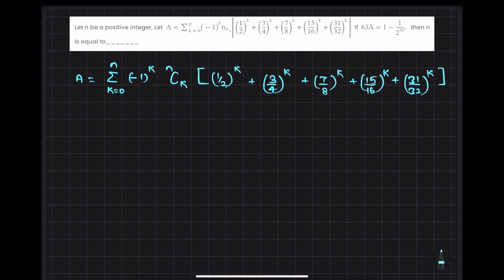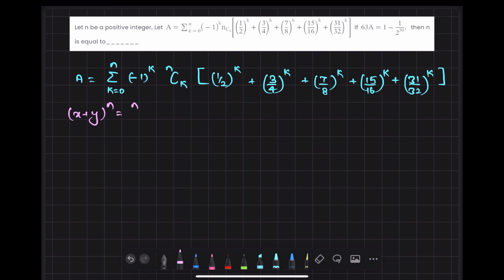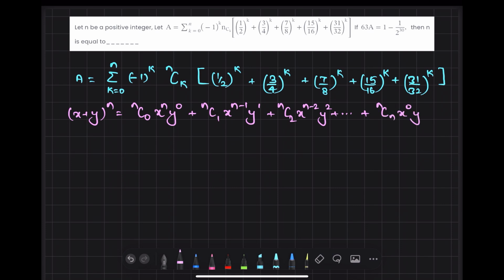So look at this. While solving expansion, you know that, suppose we have to expand x plus y power n. So we used to have nc0, x power n, y power 0, nc1, x power n minus 1, y power 1, nc2, x power n minus 2, y power 2, dot dot dot, ncn, x power 0, y power n.